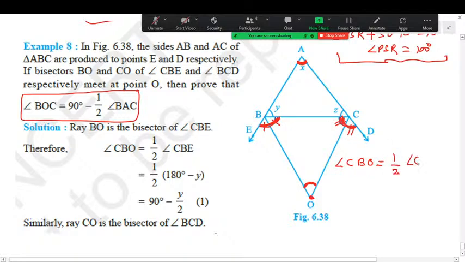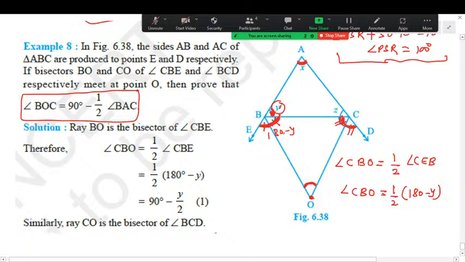And angle CBE is nothing but the exterior angle of this, y. Or you may consider them both as a linear pair, and you can tell me that it is going to be 180 minus y because they are a linear pair. If they both sum to 180, and if it is CBE, and the other is y, it should be 180 minus y. Got it or not?